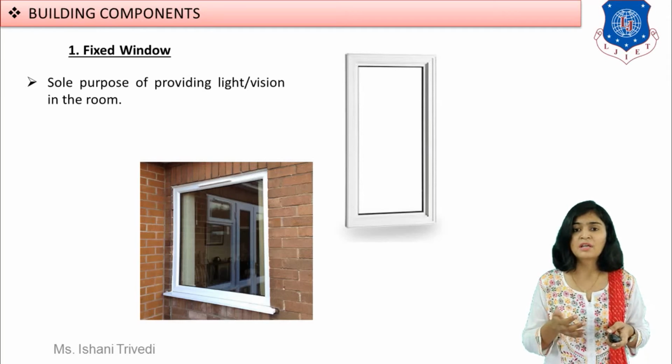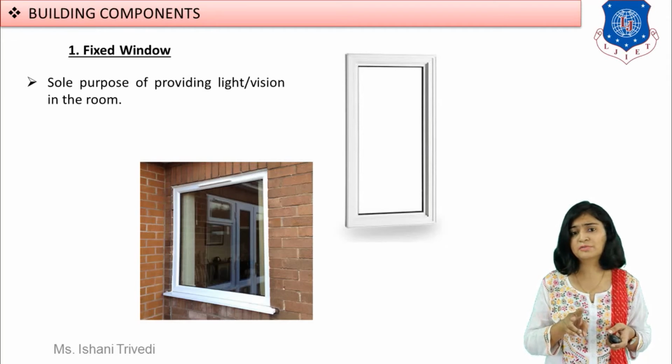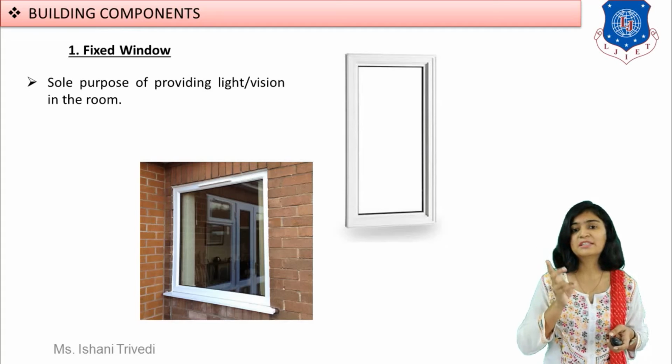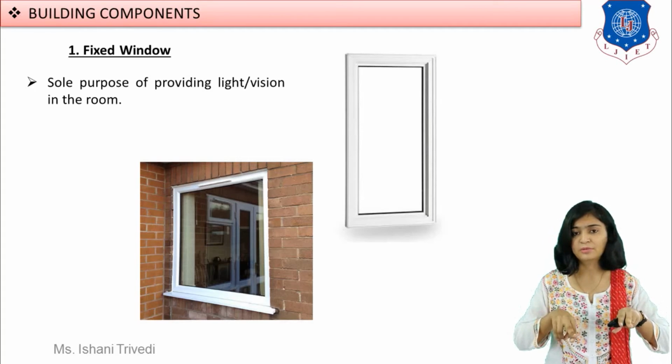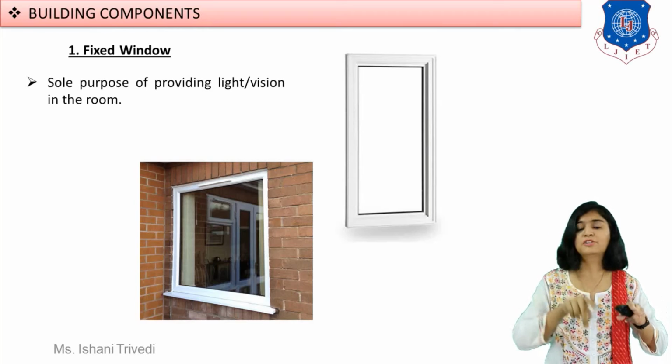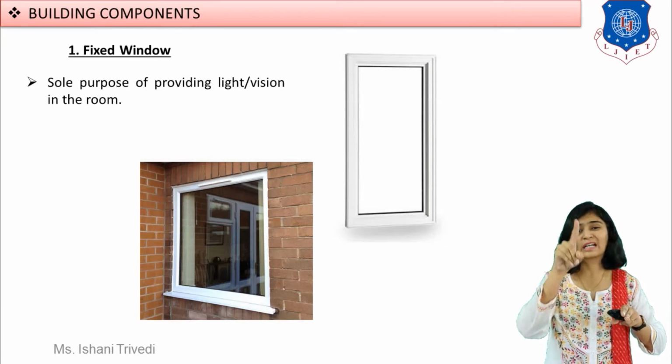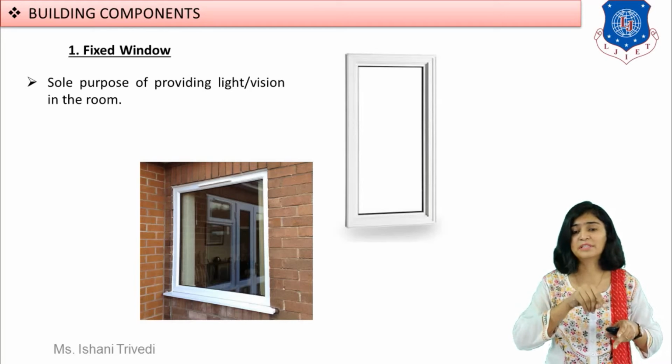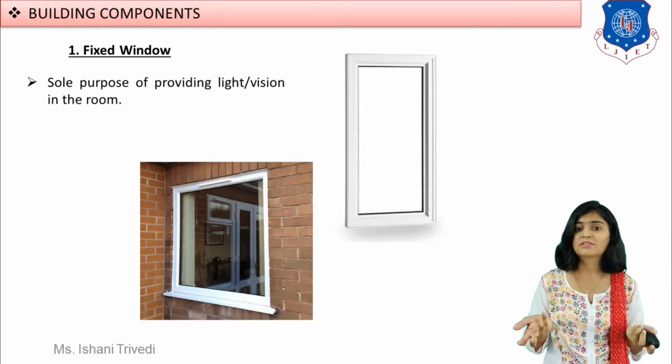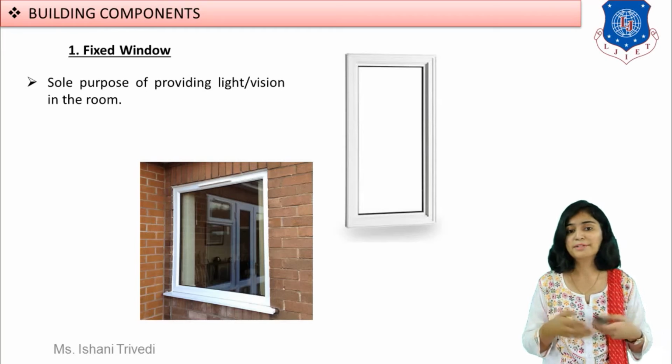If you want to draw the sketch of this window, you will show the frames on both sides, you will show top rail, you will show bottom rail, and for the glass you will show three slant lines, that it is a glass material, and that makes your sketch. So it is pretty simple to draw.